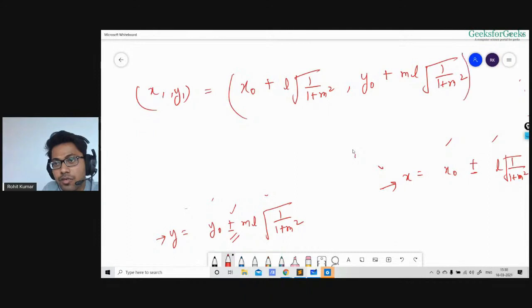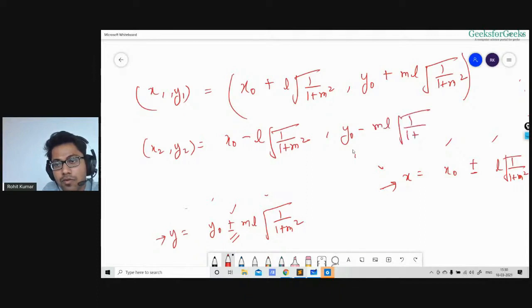So this is my first point. Similarly, what will be my second point? X2, y2. This will be x naught minus L under root of 1 by 1 plus m square, comma y naught minus ml under root of 1 by 1 plus m square. Fine.